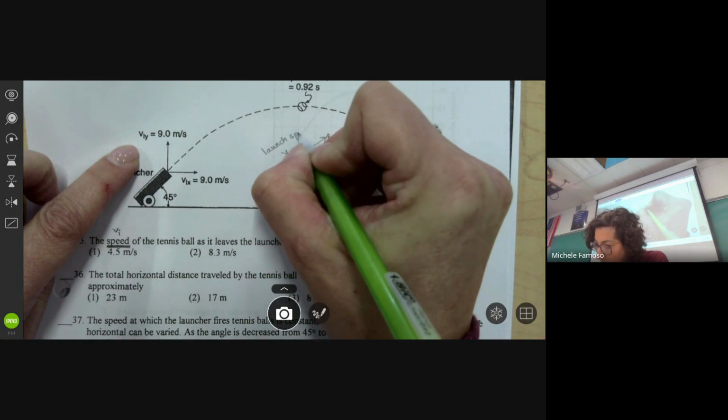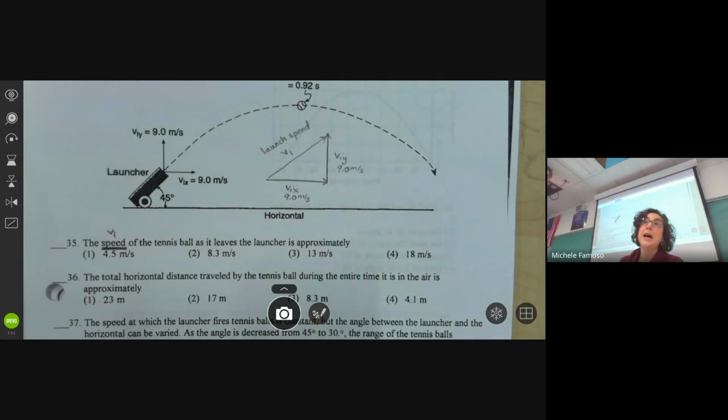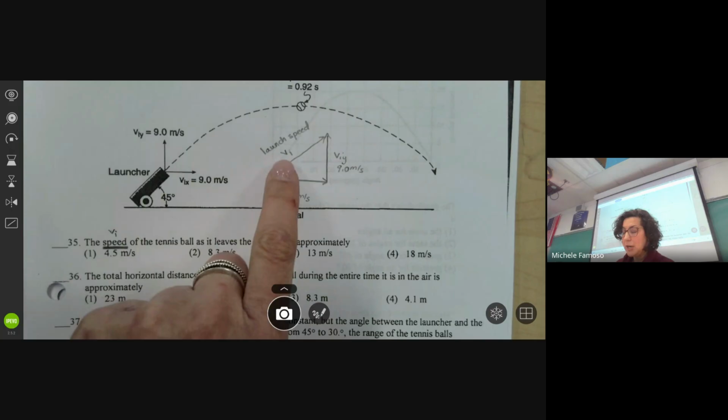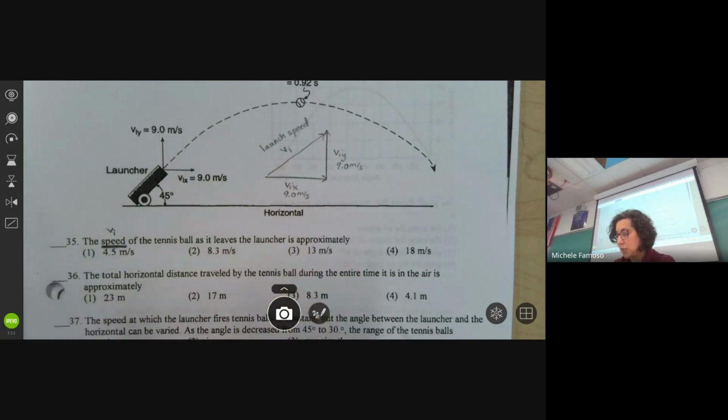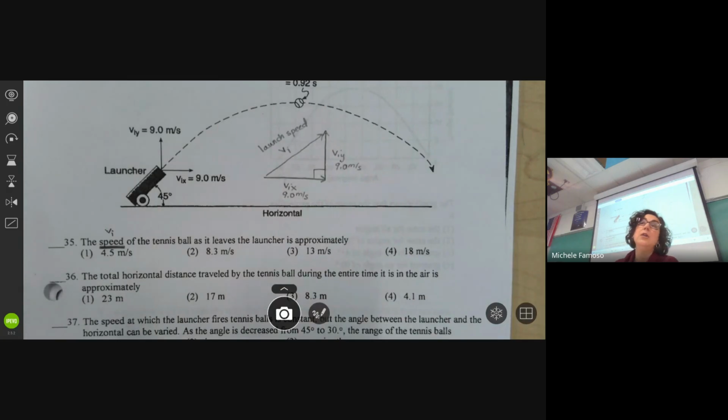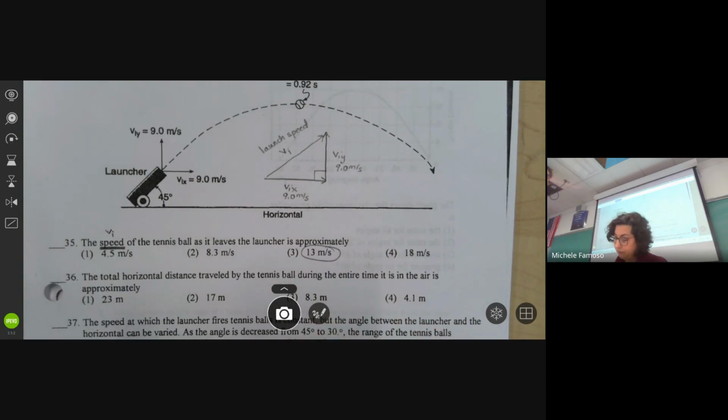I'm talking about the hypotenuse, the VI. How are you going to get that if you have these 2 sides of a right triangle? Use your Pythagorean theorem. 9 squared plus 9 squared. Take the square root of that. And I believe that gives you 13 meters per second. It's got to be bigger than 9. Yep, 12.7, which is roughly 13 with the 2 sig figs.